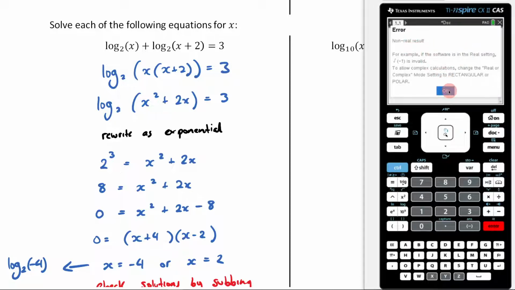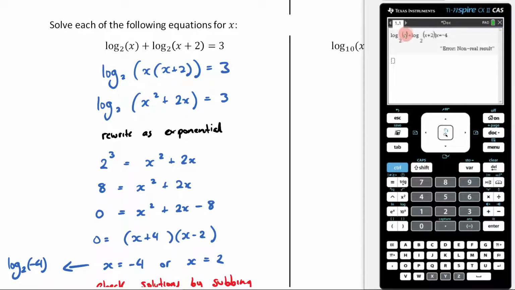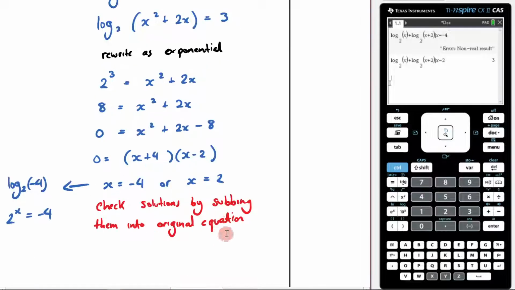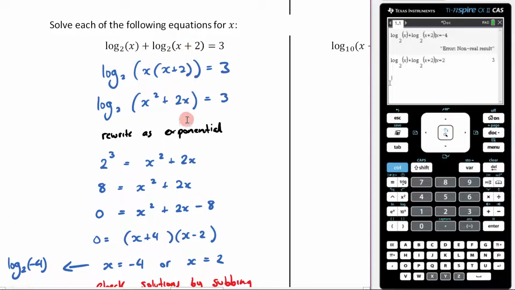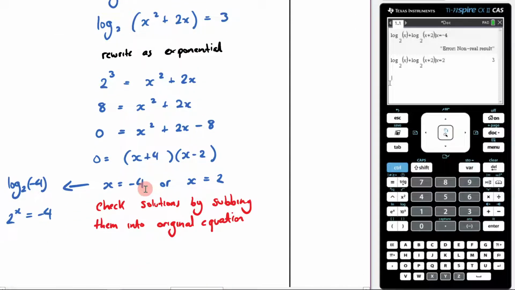See how the whole thing just breaks down? That's because I'm subbing a negative into this spot right here. It doesn't work. My other argument is fine. If I put 2 into this, that's 12. If I put 2 into this, I get 3 out, and that's what it told me. So the other one is fine. If I sub 2 in, it all checks out. But if I sub -4 in, the whole thing breaks down.